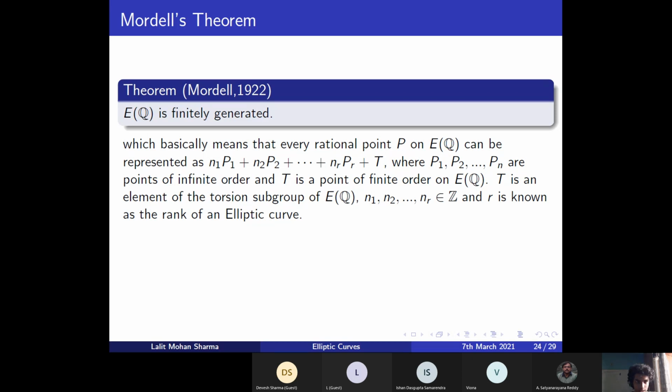Absolutely every point on E of Q can be written in this way. And this is a theorem that Mordell proved in 1922.